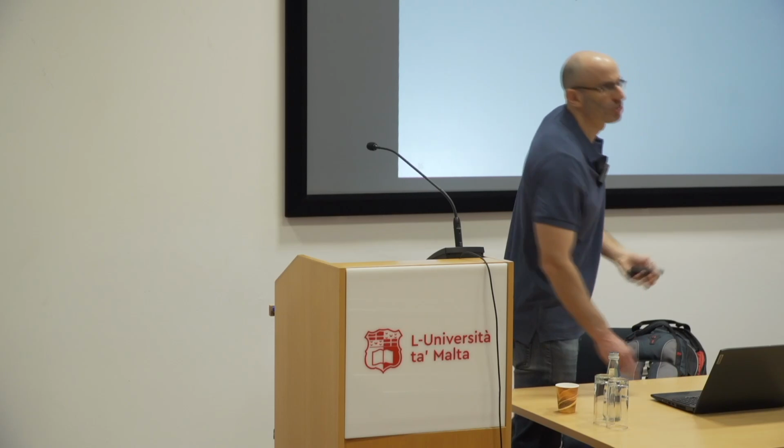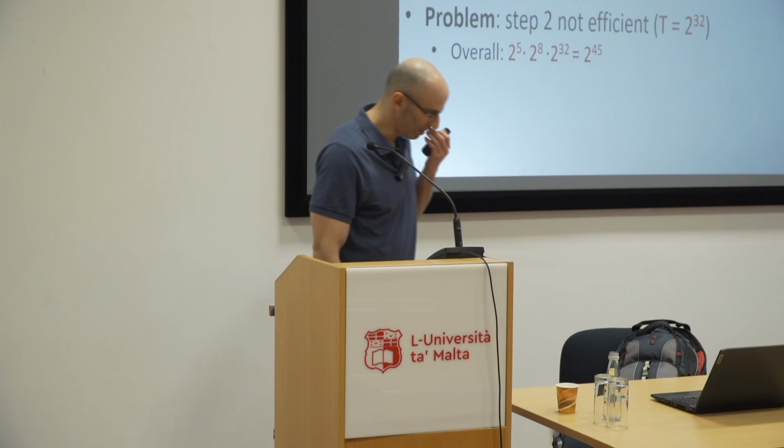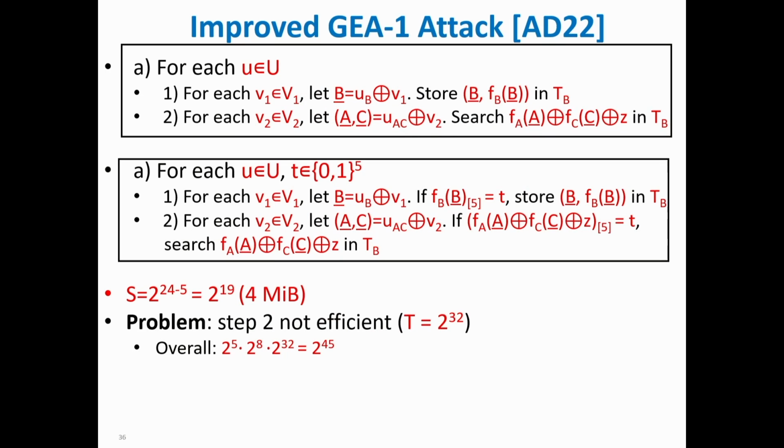Okay, however, there's a problem, right? What's the problem? We really didn't optimize the second step. We're just iterating over the entire subspace V2 as before, computing the state AC, then checking some condition, and then searching the table.